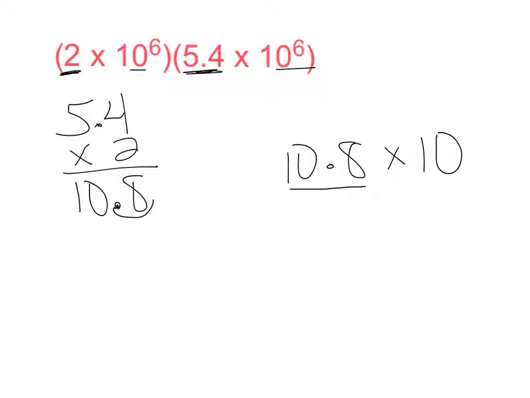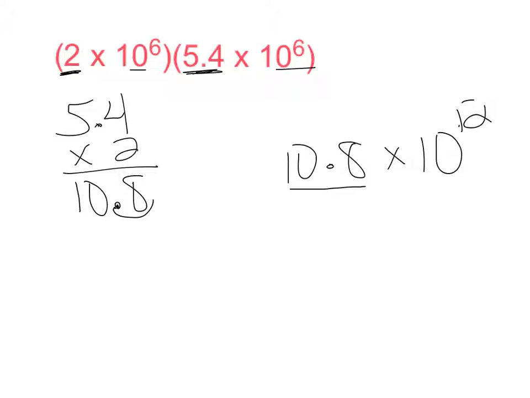To get our exponent, we really have no decimal moves to count. But then we flash back to when we were multiplying numbers in exponential form with the same base. These two numbers have the same base. What can we do with their exponents? That's right. We add them and we get 12.